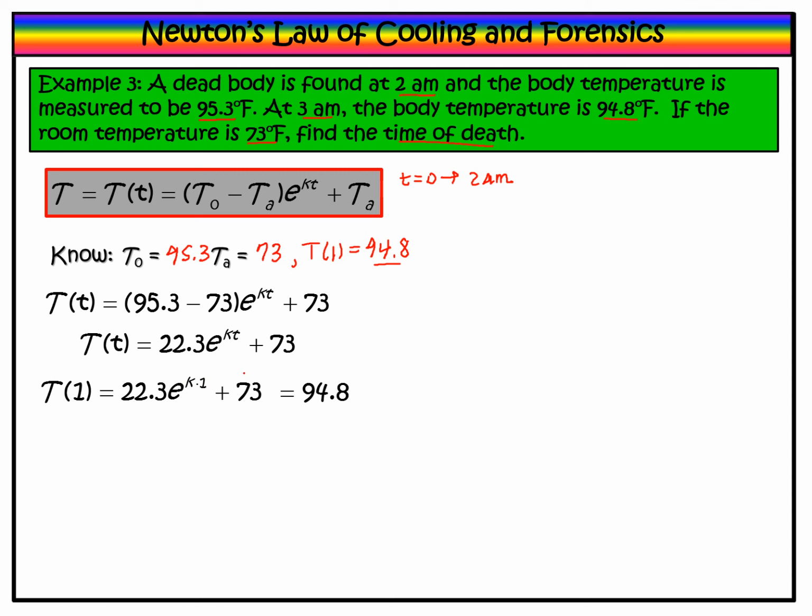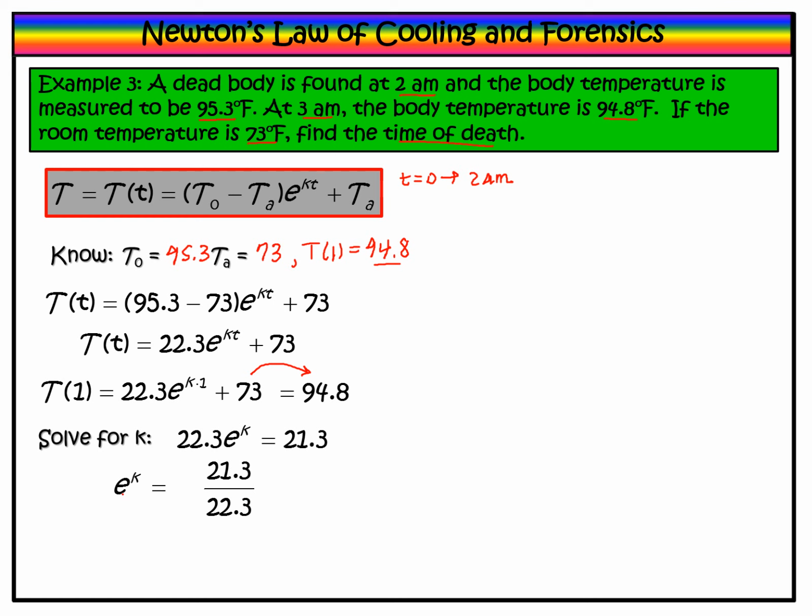So let's take our 73 and subtract it on both sides. So bring that over as a negative. And that will give us 22.3 e to the k is 21.3. Now we want to divide this 22.3 off both sides. So if we do that, we get e to the k is 21.3 over 22.3.